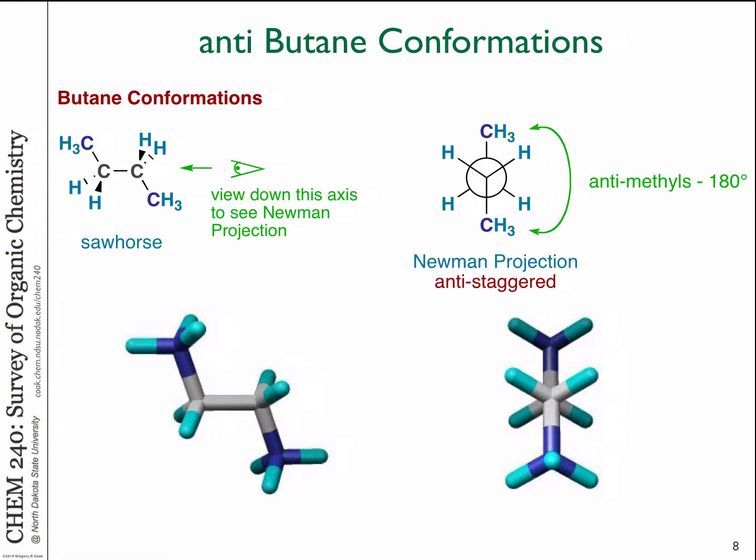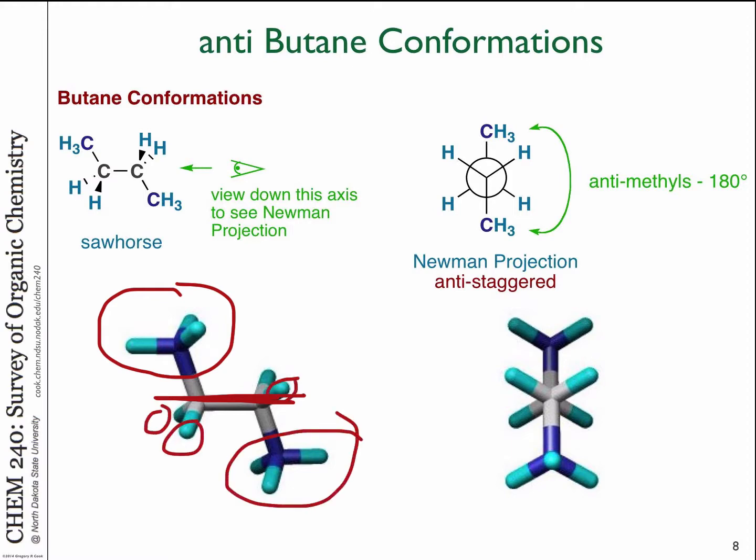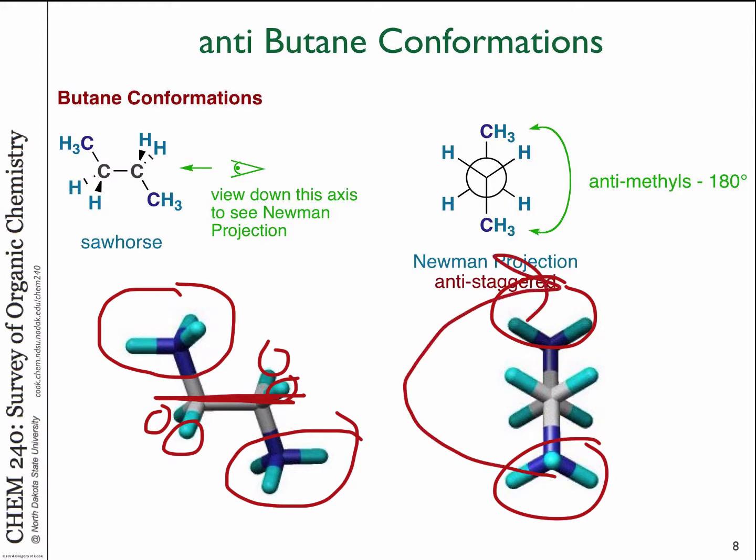So in this case, we have this particular conformation of butane where, again, looking at the middle 2 carbons, we see a larger group and 2 smaller hydrogens on one side, a larger group and 2 smaller hydrogens on the other side of our view. And here they're furthest apart. But if you rotate that, they come closer together.